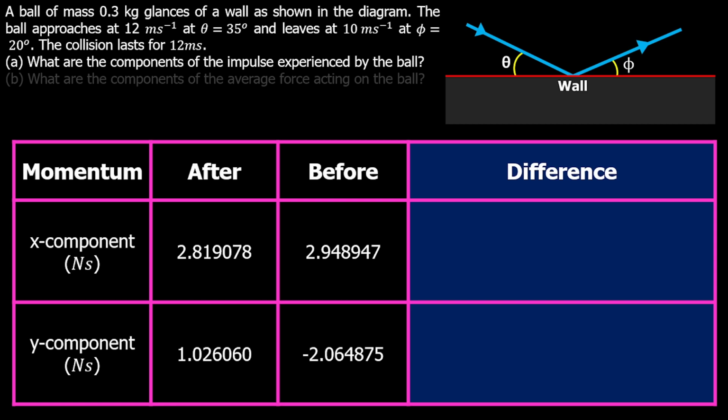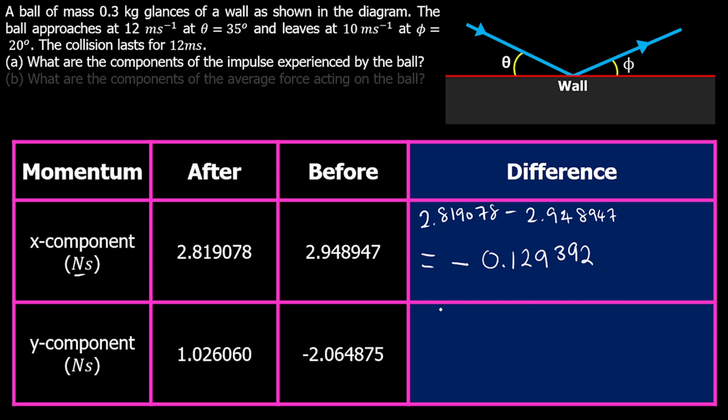Okay, so the x components will be, I'm just gonna write it down here, 2.819078 minus 2.948947, and that is going to yield us a value of negative 0.129392, right? And that's going to be in Newton second.